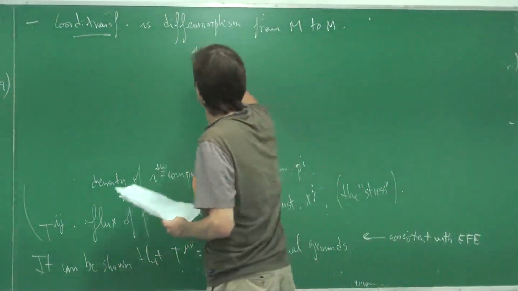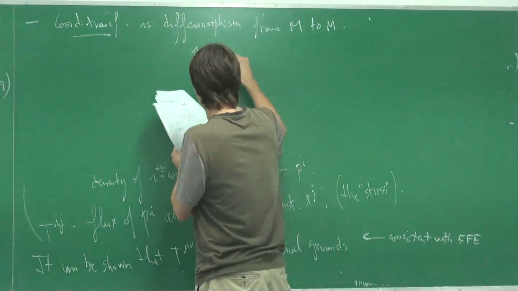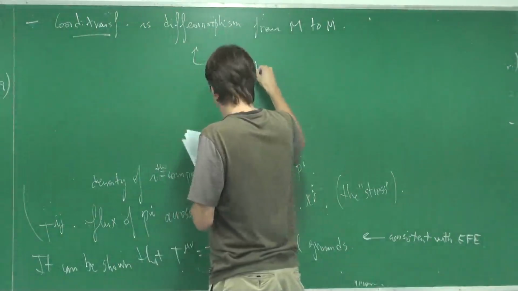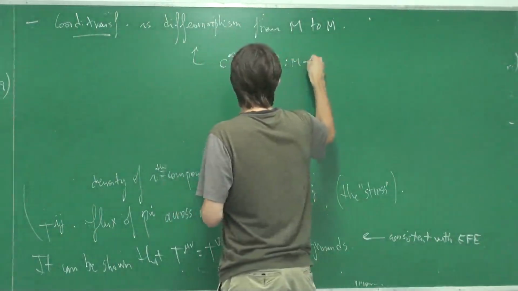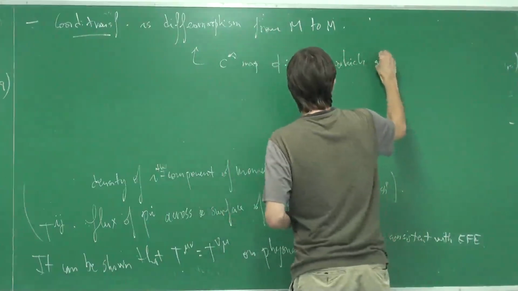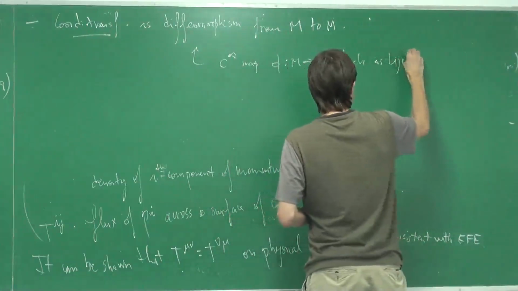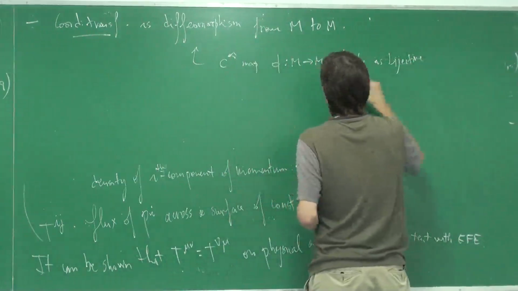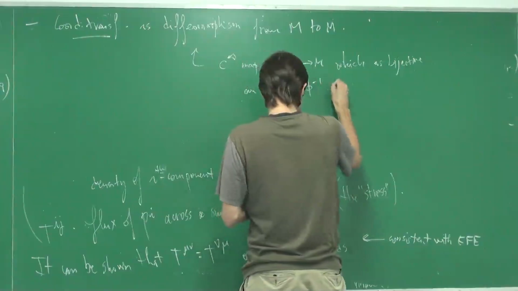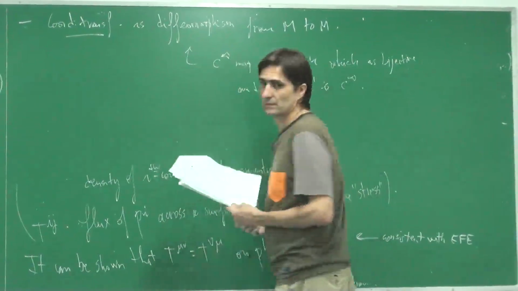So by diffeomorphism, I mean a smooth, C-infinity map from M to M, which is bijective, and such that the inverse is smooth as well.